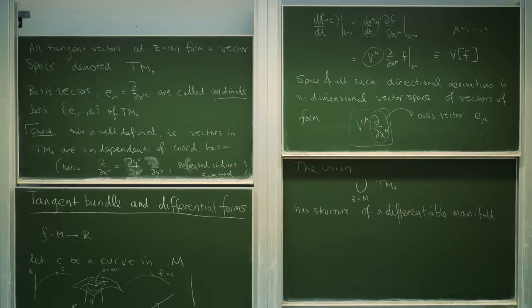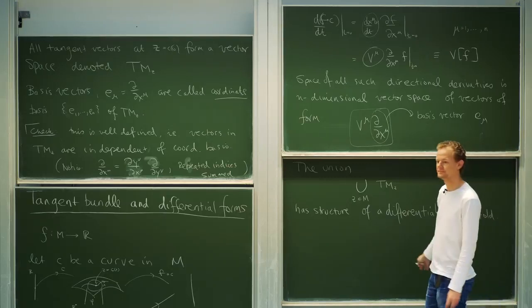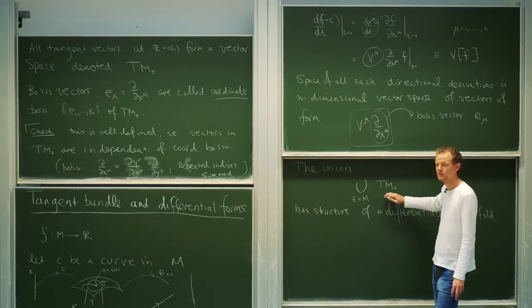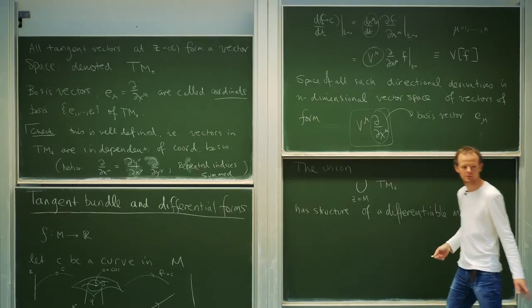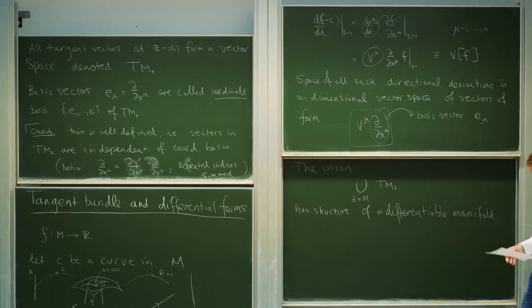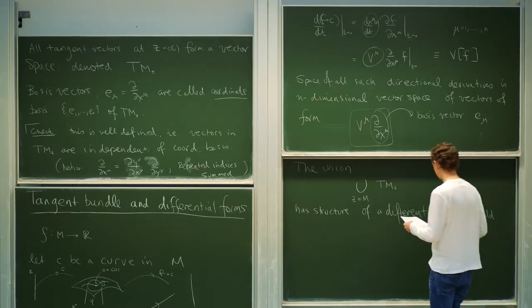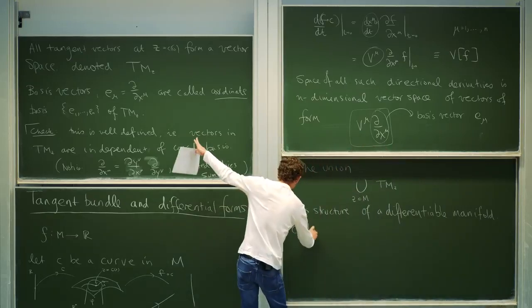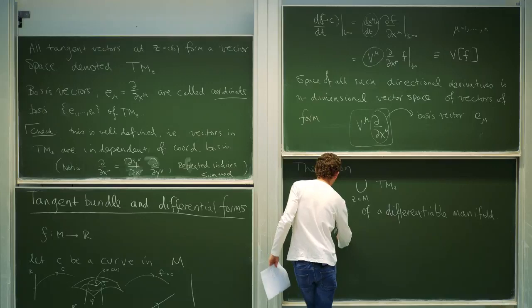So if you stick together all these vector spaces for every point in M, then you get a new manifold, a bigger manifold. And this one is called the tangent bundle, which is the title of this lecture.